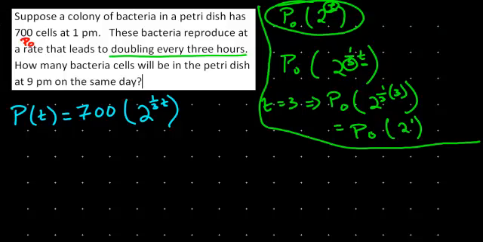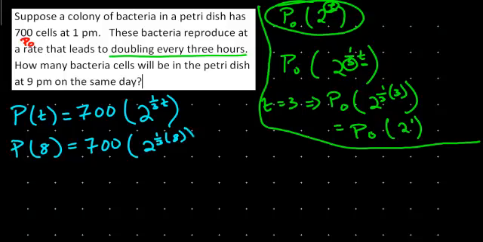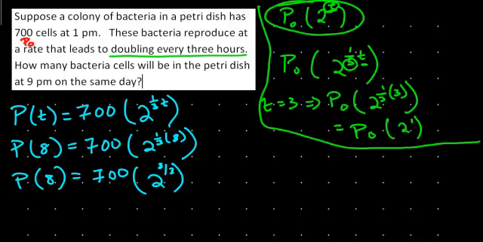So how many cells will be in the Petri dish at 9 p.m.? That's 8 hours later. So that's going to be P of 8 equals 700 times 2 to the 1/3 times 8, which gives me P of 8 equals 700 times 2 to the 8/3.